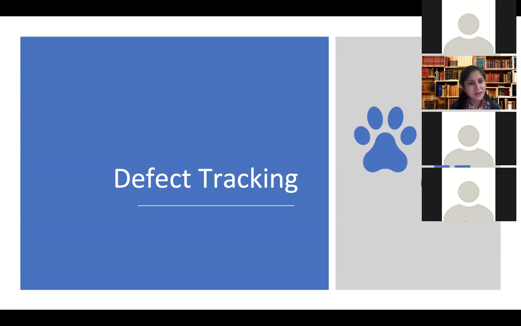Defect tracking is equally important as testing. If you're performing the testing and not tracking it, nobody is going to save you. So the best thing is we start tracking it. If we have found a bug and we have not tracked it to closure, we will see all the vulnerabilities, all the hacks happening around us. So we need to track them.